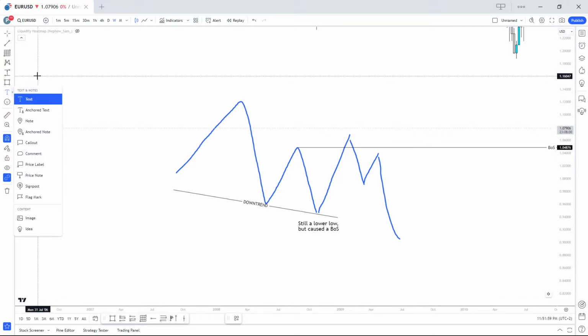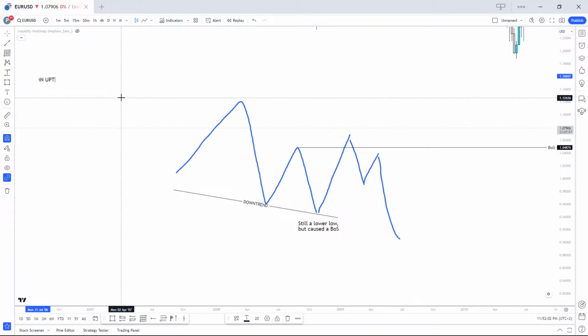In an uptrend, liquidity is taken off of a higher high, but in a downtrend, the liquidity is taken by lower lows of previous lower lows.